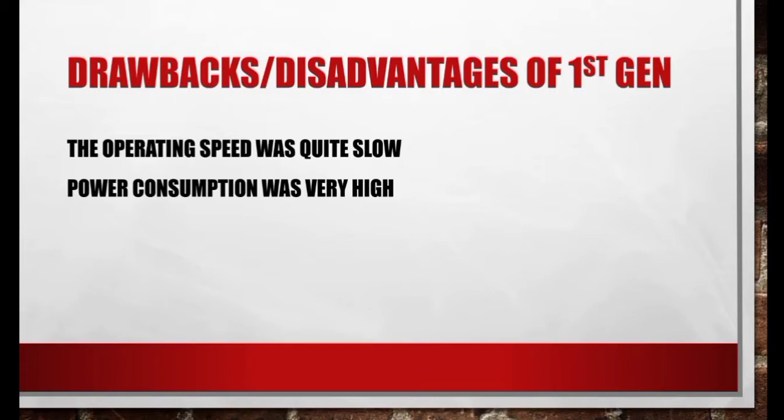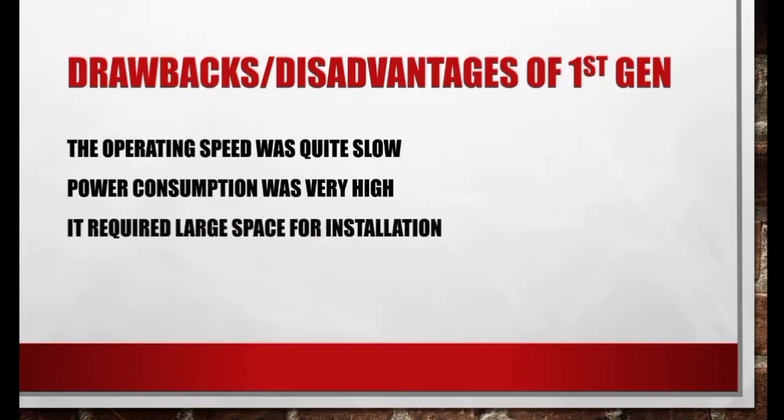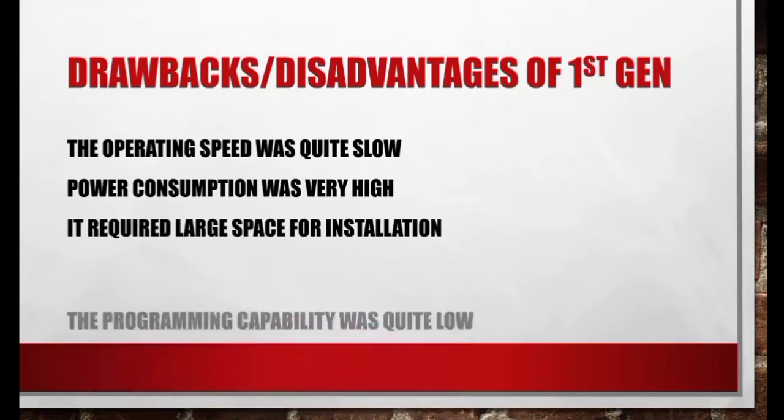They were used in offices or bigger institutions because of the higher power consumption. They required large space for installation. To install software in those computers, they needed very large memory. Also, they needed large space.